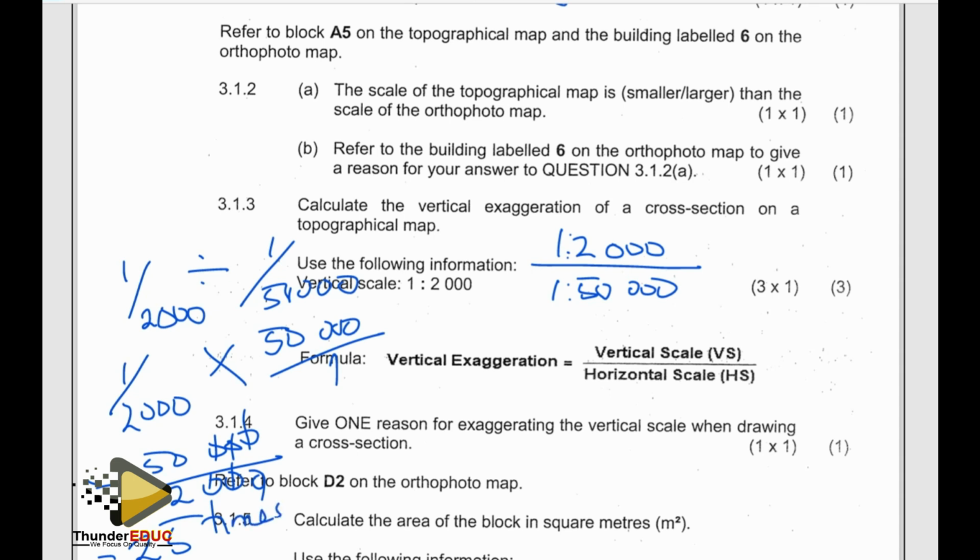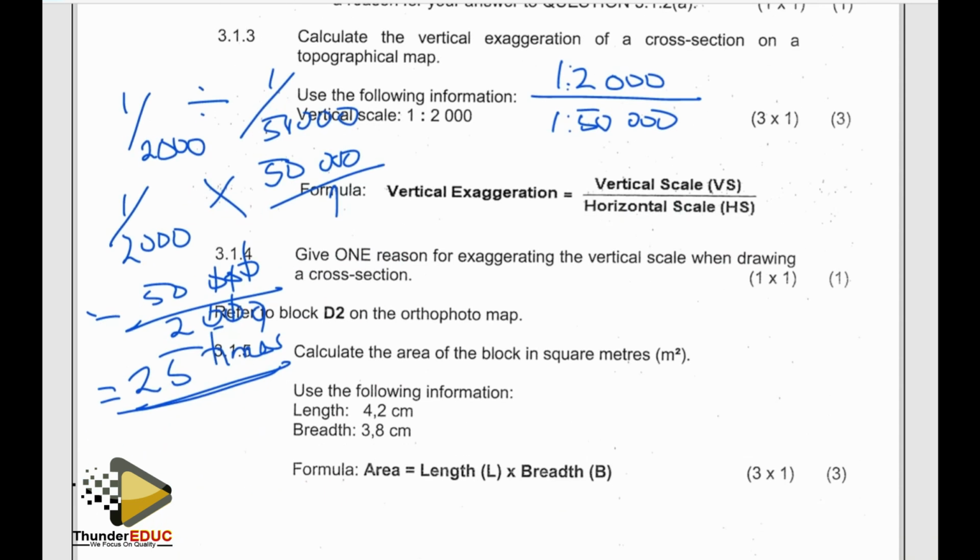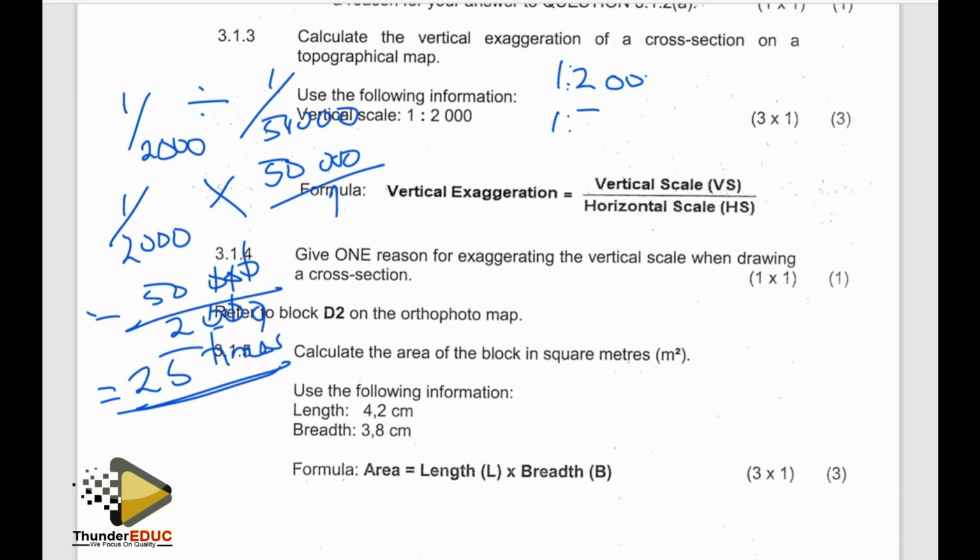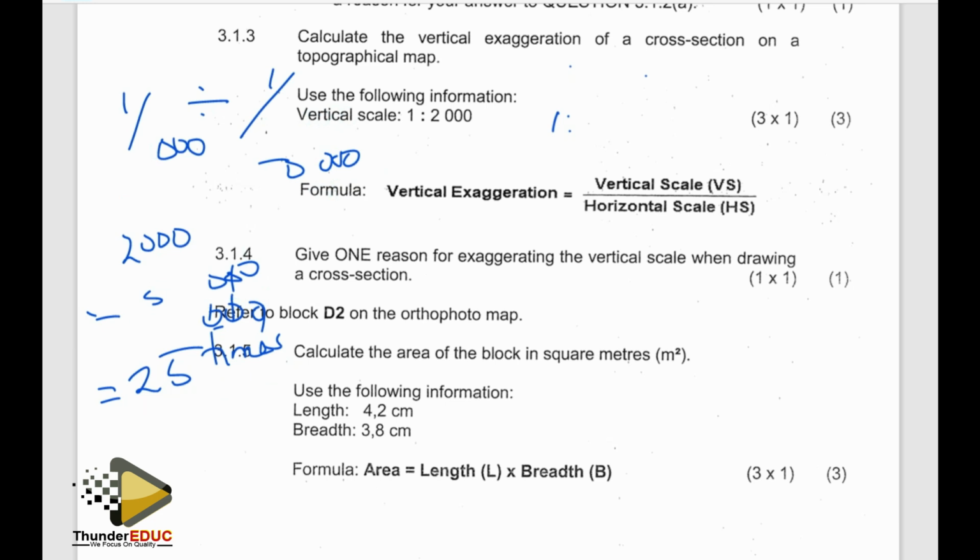We express our exaggeration in number of times, which is 25 times, which means for this cross section we deliberately stretched our vertical scale 25 times its original scale, to be able to visualize how the different landforms will look. That is the vertical exaggeration for that matter, right?